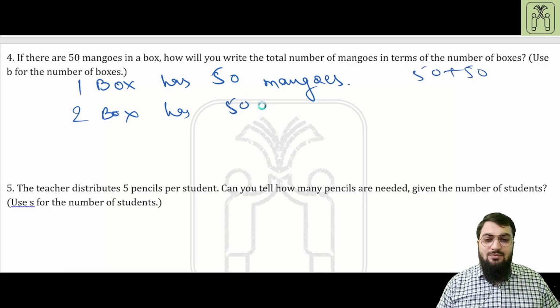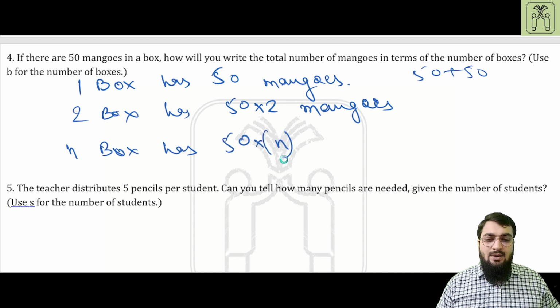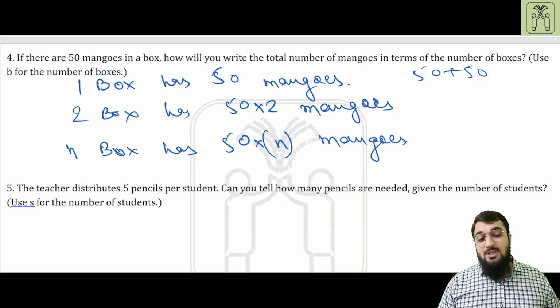It will have 50 plus 50, or 50 into 2 mangoes. So if I write for the nth box, n boxes have 50 into n mangoes. So this will be the answer.